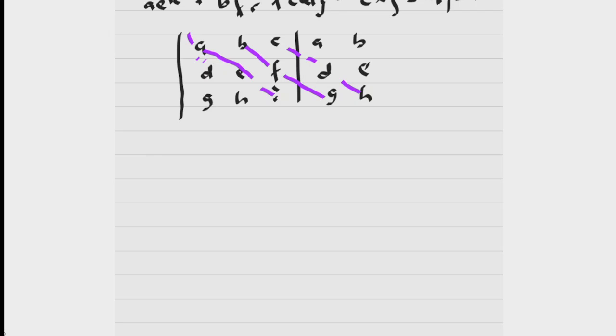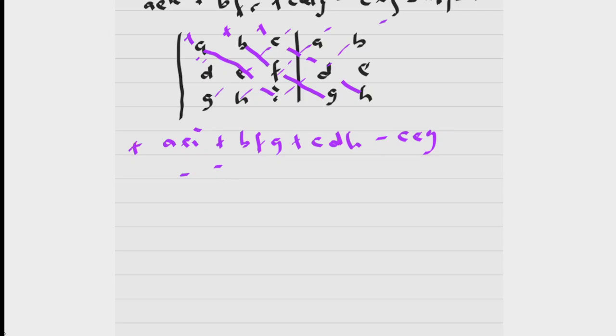But you have positive, positive, positive, negative, negative, negative. So you take them like that, then it's going to give you plus AEI plus BFG plus CDH minus CEG minus AFH minus BDI. So that's the law of Sarrus.